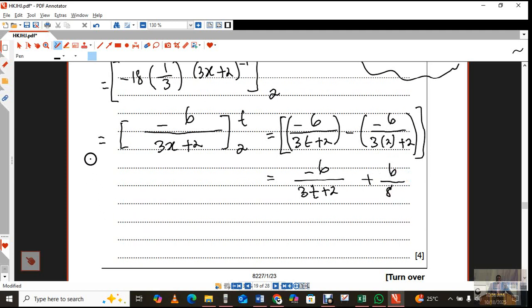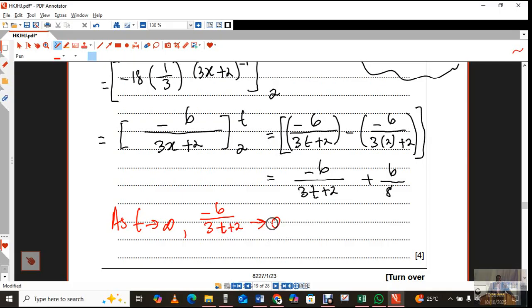Now as t tends to infinity, this first fraction, negative 6 over 3t plus 2, has a denominator that becomes bigger and bigger, and when you divide by a very big number, the value tends to 0.